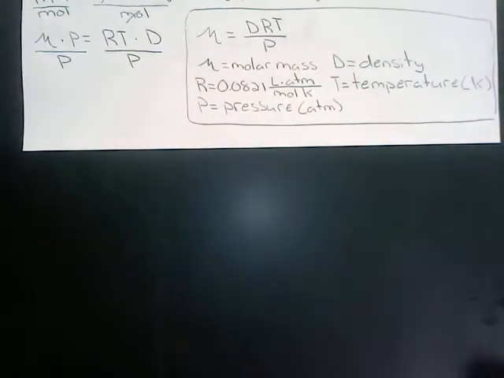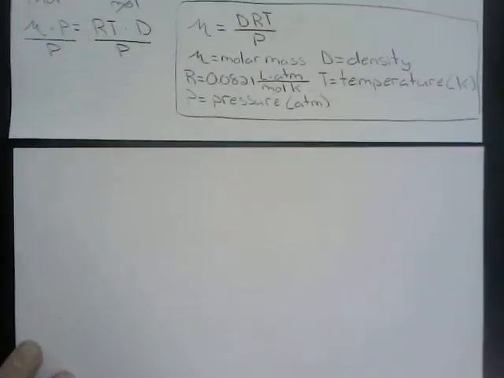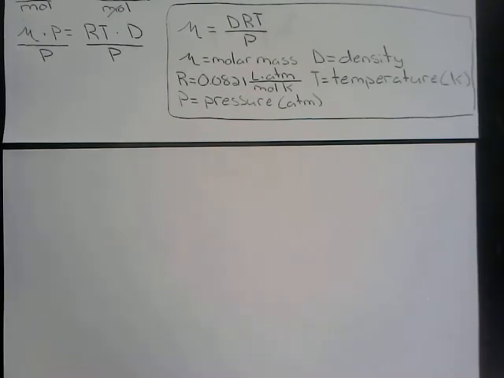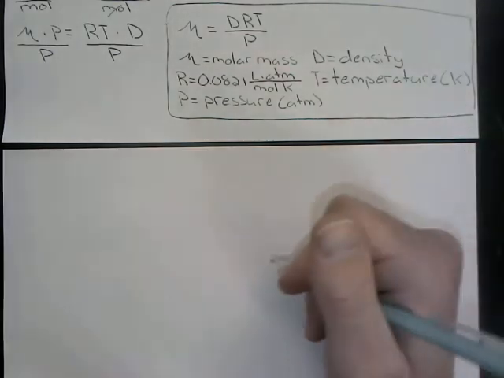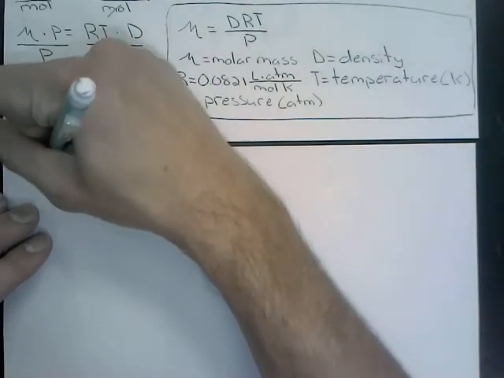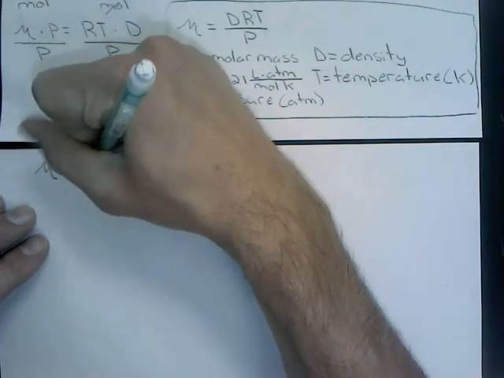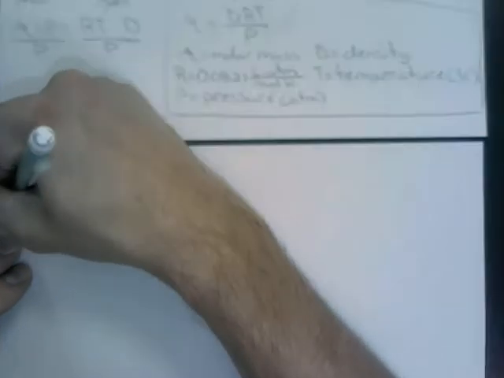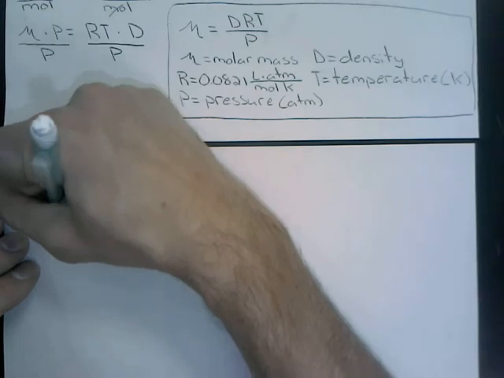And I know we don't have the problem in sight here, but I can read that to you as we go through this problem. So the problem itself says, what is the molar mass of a pure gas that has a density of 1.40 grams per liter at STP? So we're going to use the molar mass of a gas formula, which is M equals dRT over P. So our molar mass, that is what the problem is asking, so that's our question mark.